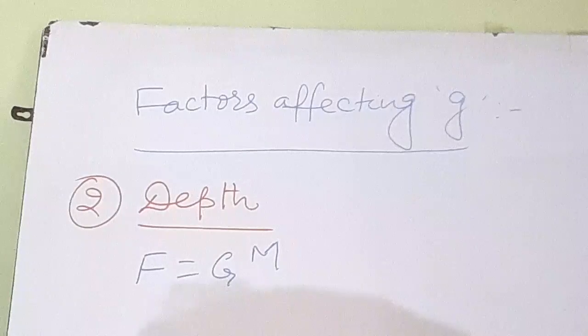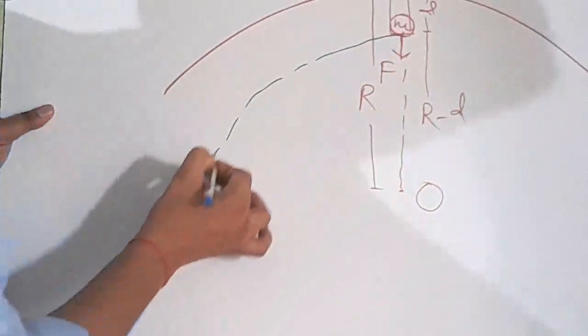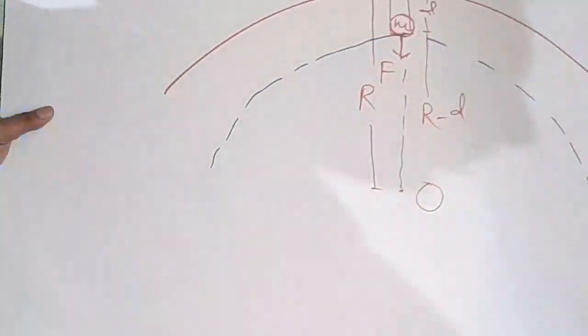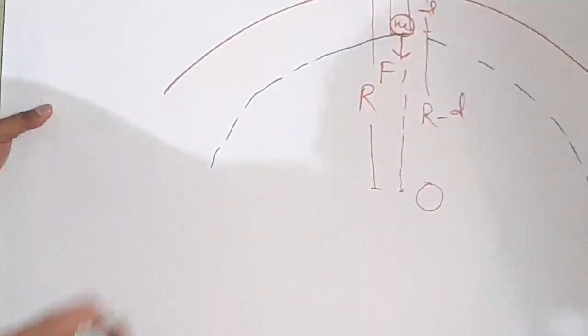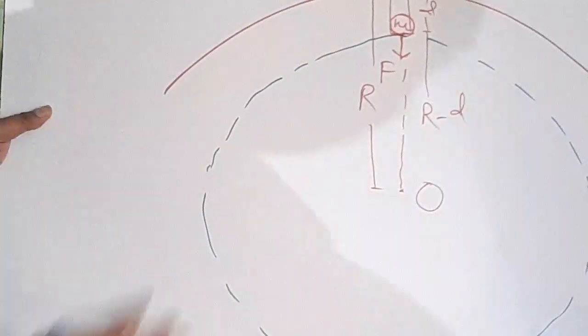But in this situation, only a part of the earth will be responsible. Only this portion of the earth will be responsible for the acceleration due to gravity, and the remaining portion will not apply any force.